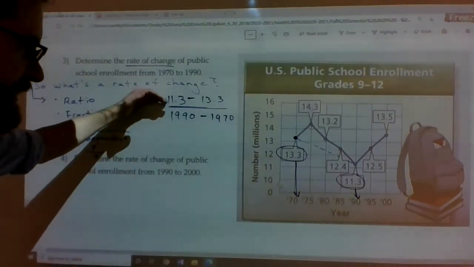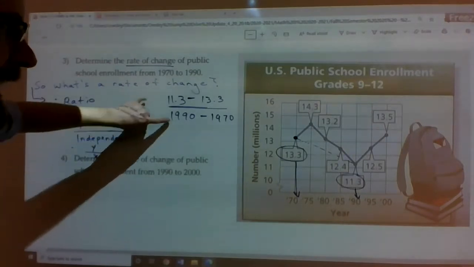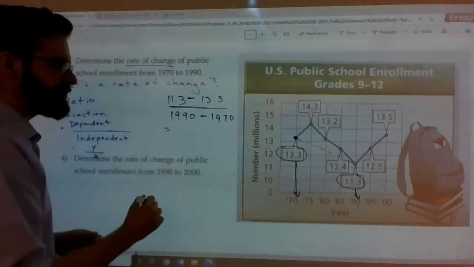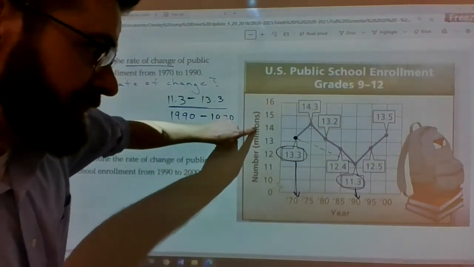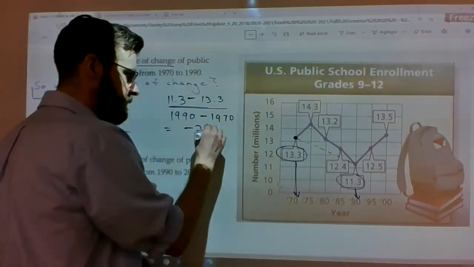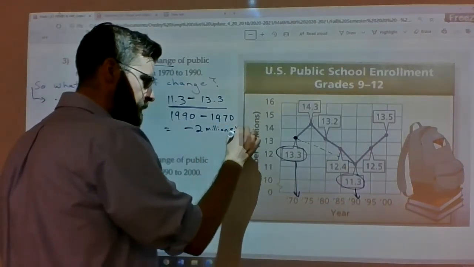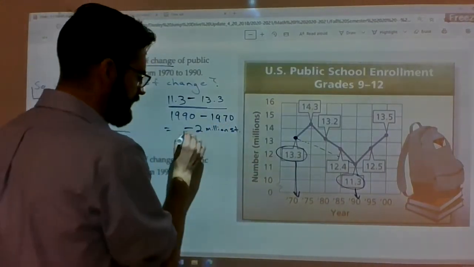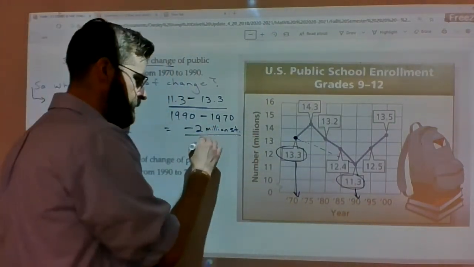So, dependent over independent. Y variables divided by X variables. And the rate of change ends up being minus 2 million students, I'll just put ST for students, over 20 years.